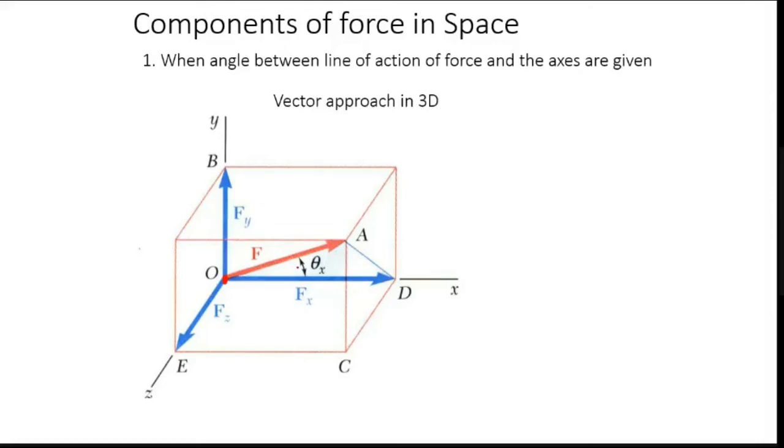This is theta x, theta y will be something like this, and theta z will be something like this. It is very difficult to find the particular angle or orientation of your force, and whether it will be cos theta or sin theta.